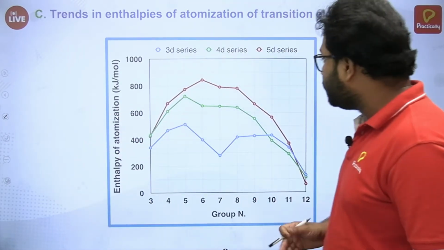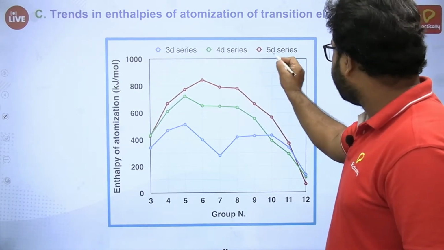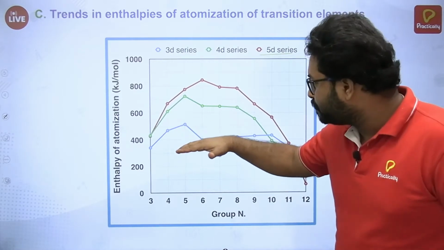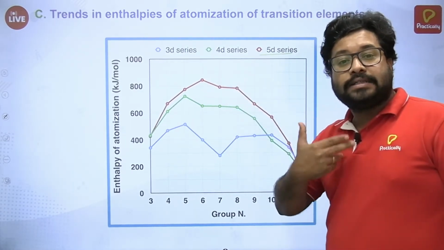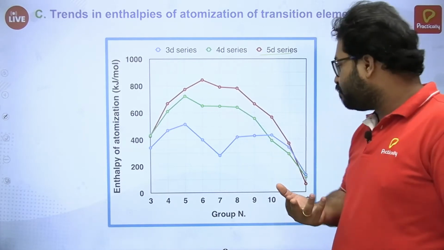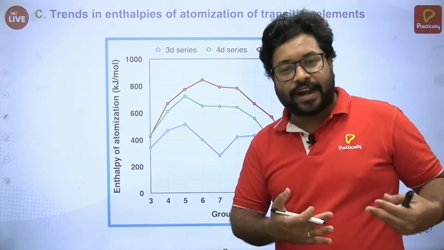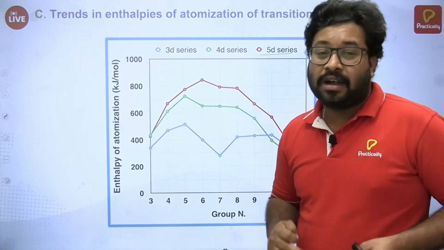You can see here, this is the 5D series. See, you can see here, this is the 5D series, 4D, 3D. 3D series is at the bottom, 5D series is at the top. What do we mean by that? As the atomic number increases, I mean, if you are comparing between 3D, 4D and 5D series, then higher the atomic number, higher is the size.